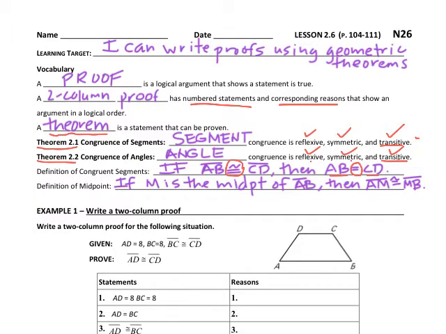So if you see that the same information, segment AB is congruent to CD, written one way the first time, and then the second time they write it without the bar over top of it, and they have this equal sign, then we're going to use this as a reason, definition of congruent segments. It's really important that you realize that this is going to be used when the equal sign is replacing the congruent sign.